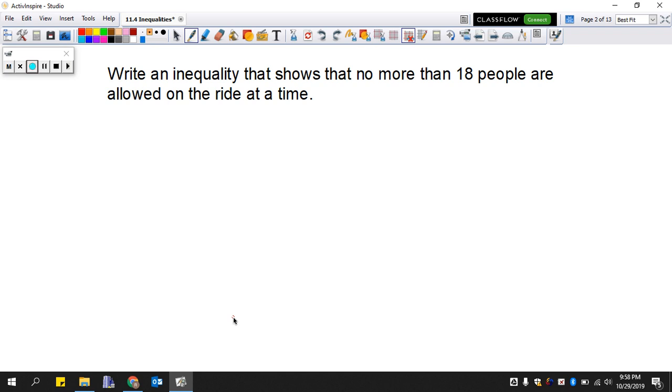All right, the first example says: write an inequality that shows that no more than 18 people are allowed on a ride at one time. Here the buzzword is no more than.